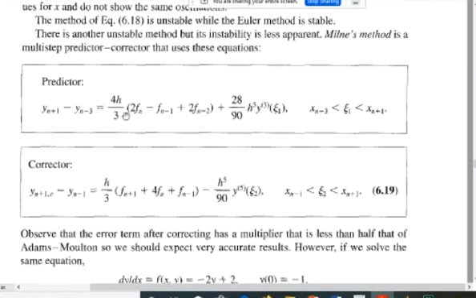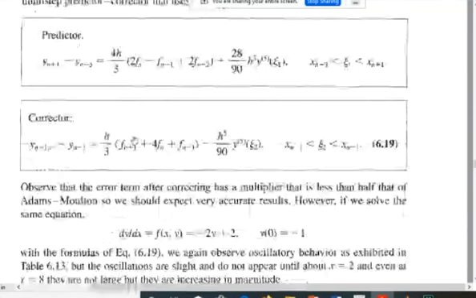The first one, we find the value for y_{n+1} from y_{n-3}.